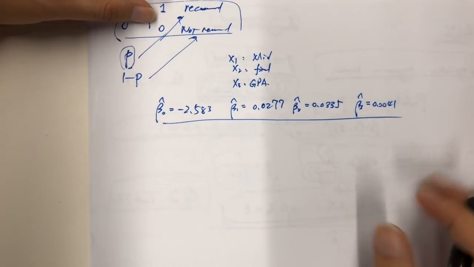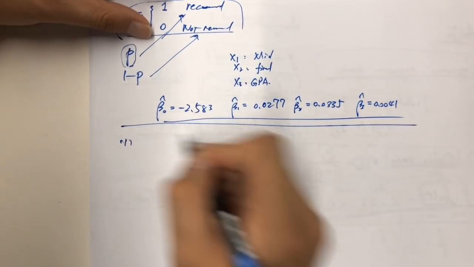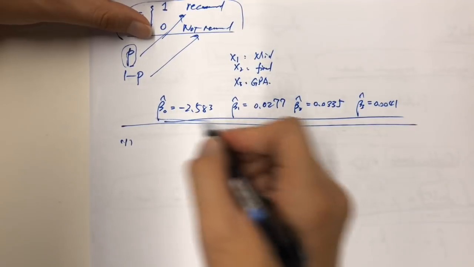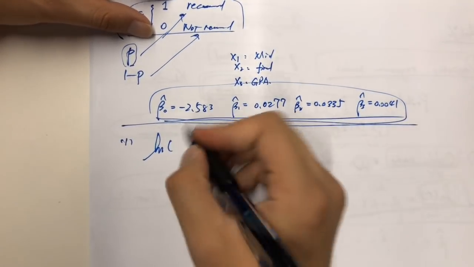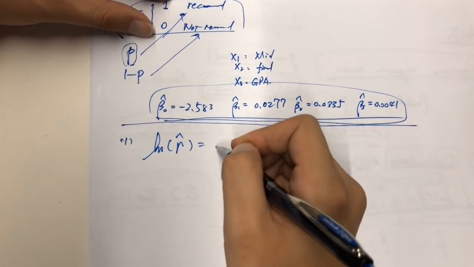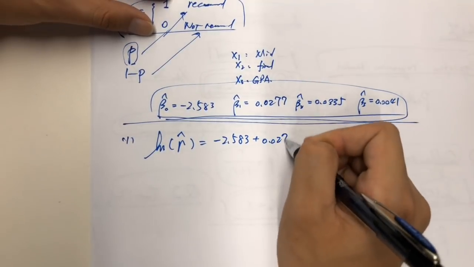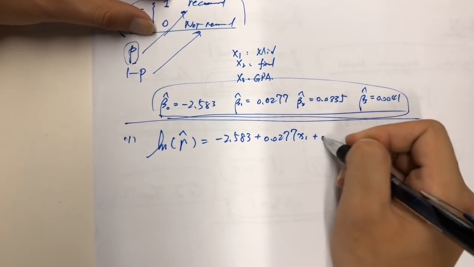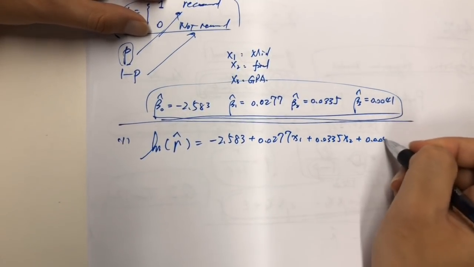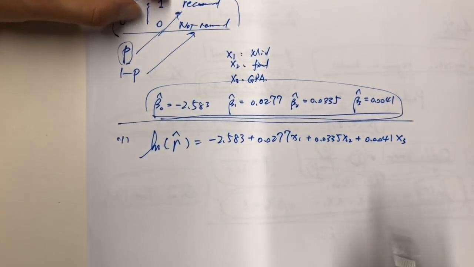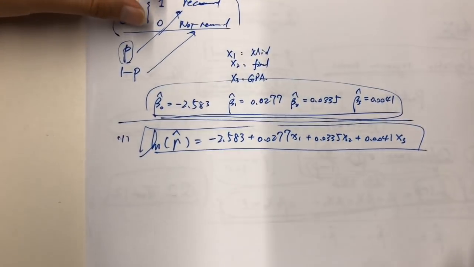You are probably asked to write down the estimated regression equation first. Easily, you just write down log r hat equal minus 2.583 plus 0.0277 x1 plus 0.0335 x2 plus 0.0041 x3. This is log r hat, the estimated regression equation.